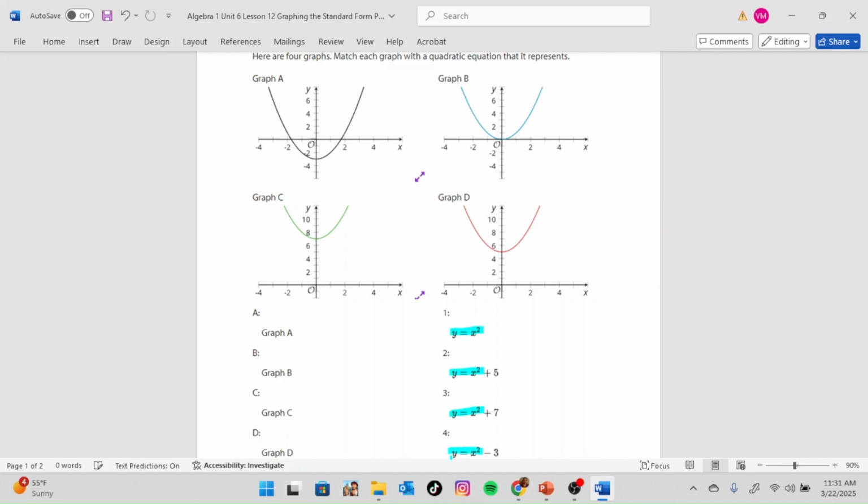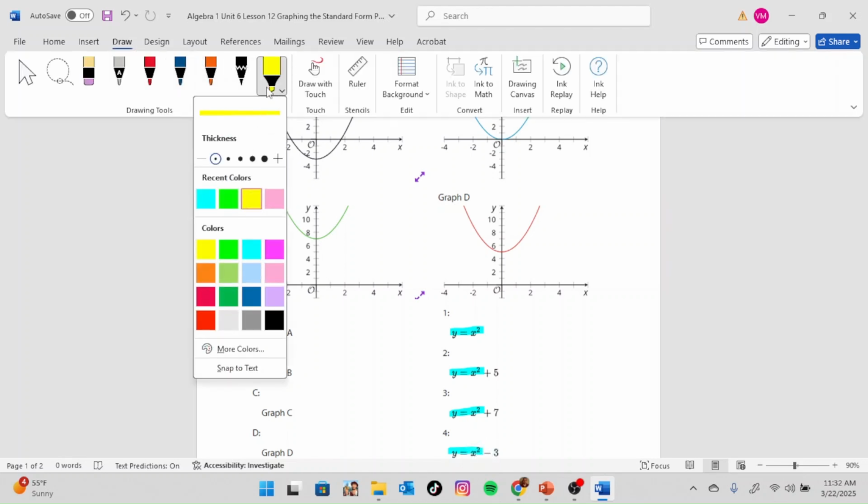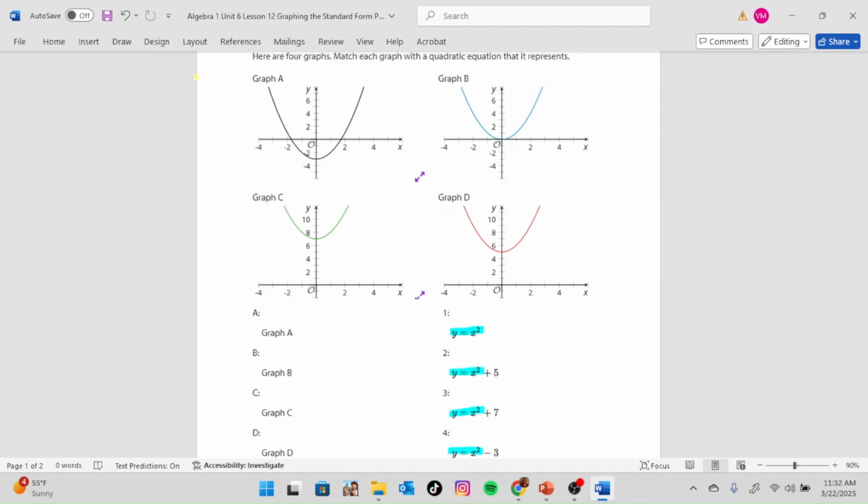So the A term never changes. It's always 1. The only thing that is changing is the amount that we're adding or subtracting.